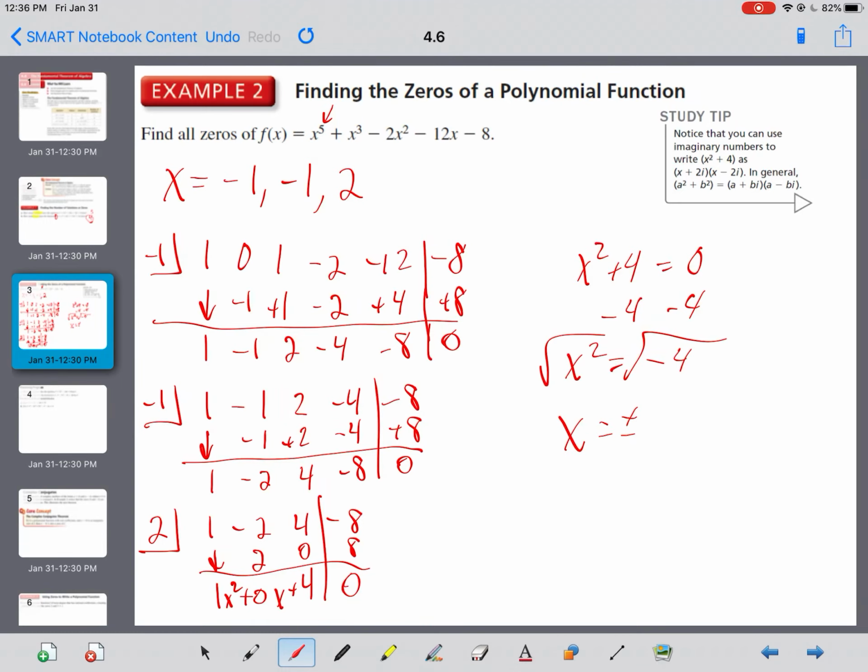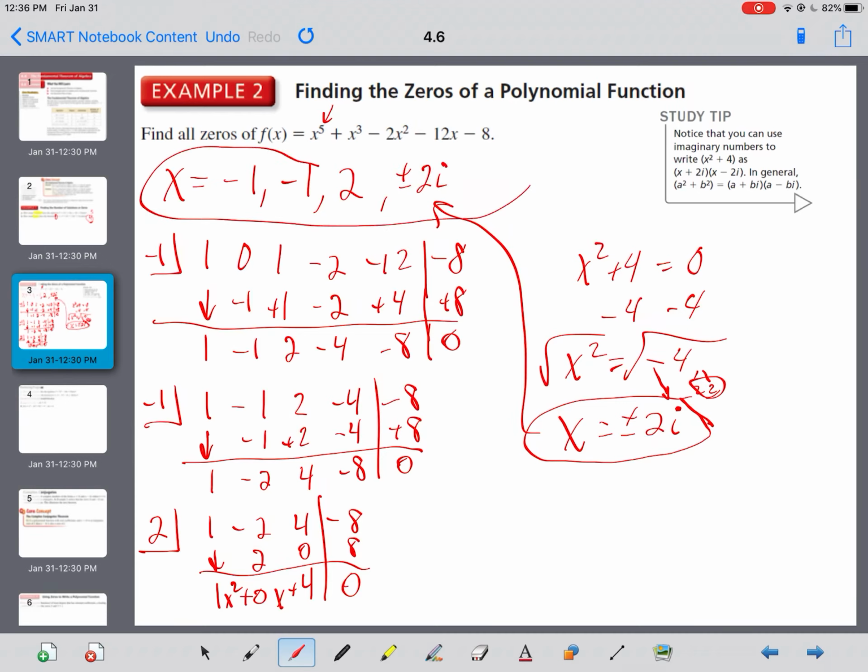Now, square root of -4, it can't happen, so we're going to pull out that negative as the i, and then 4 breaks into 2 and 2. There's my pair. So it's plus or minus 2i. That's what adds up here. So plus or minus 2i. 1, 2, 3, 4, 5. All 5 answers. Negative 1 twice, 2, and plus or minus 2i.